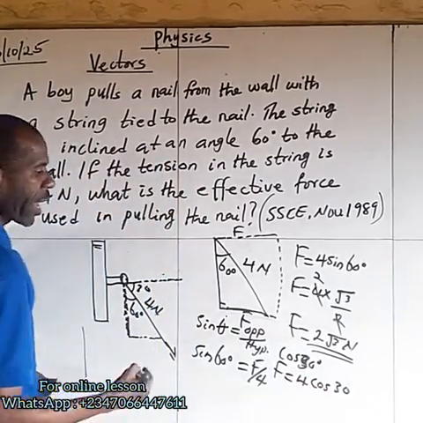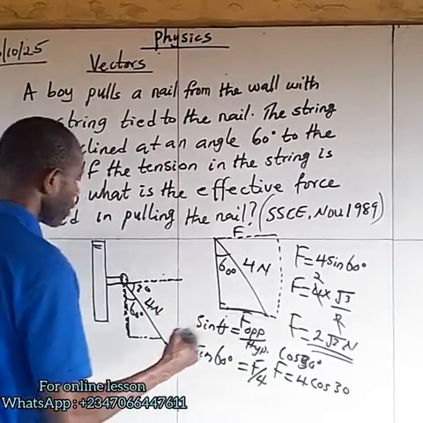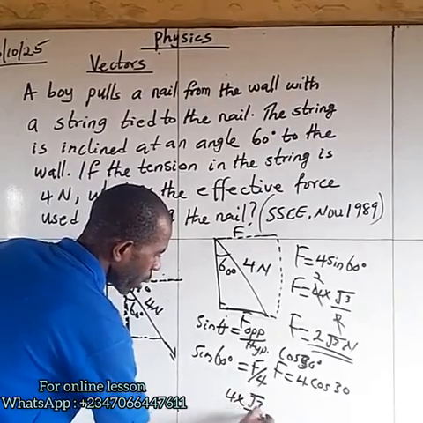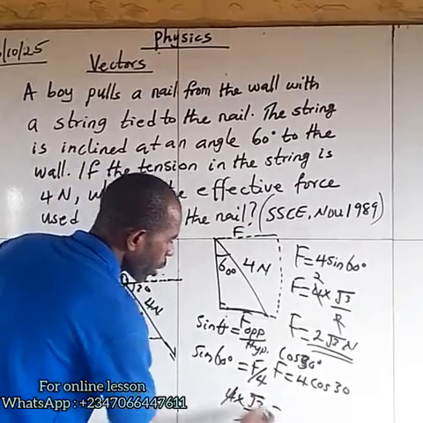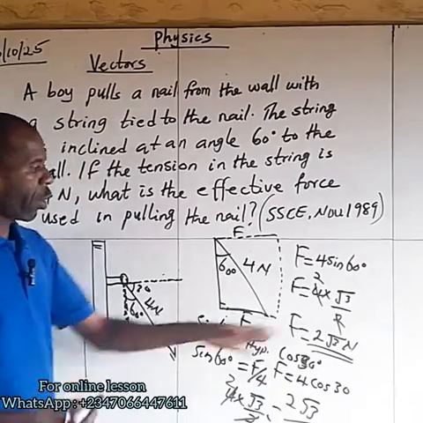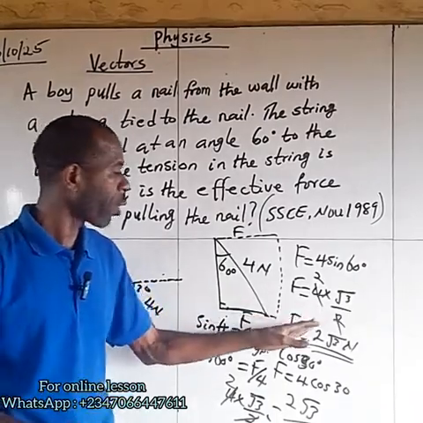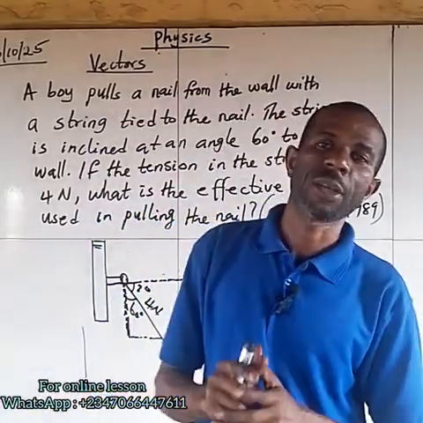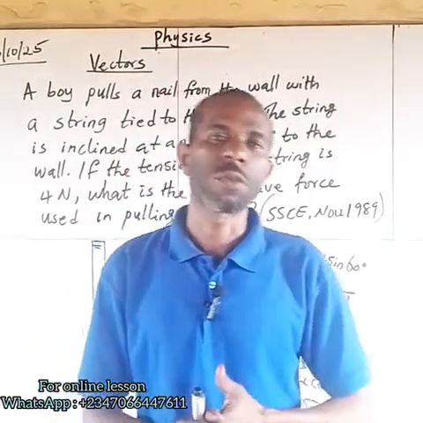And cos 30 degrees and sine 60 degrees are the same, which is 4 times root 3 over 2. So the same thing, it will give us 2 root 3. So it's either you use cos 30 or sine 60 to give you the right answer. So this is the end of today's class.